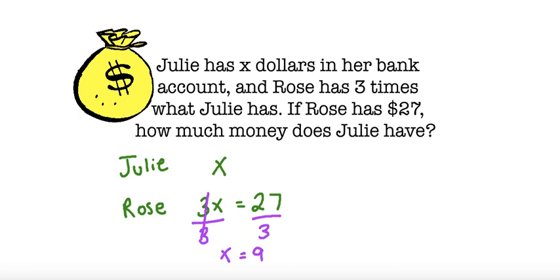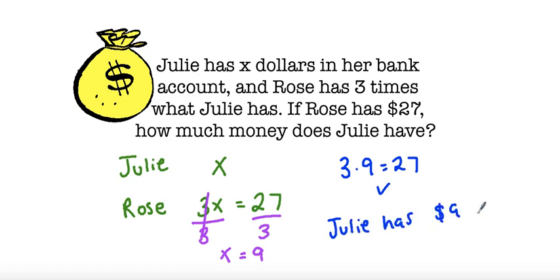And before we write our sentence out, if we did 3 times 9, we would get 27, making that true. So Julie has $9 in her bank account. And that's it.